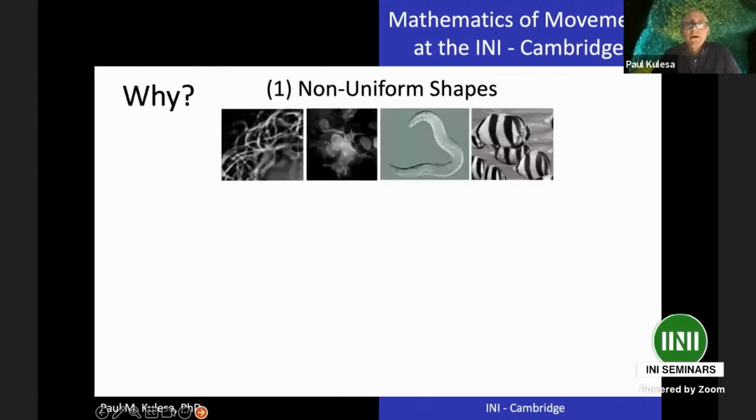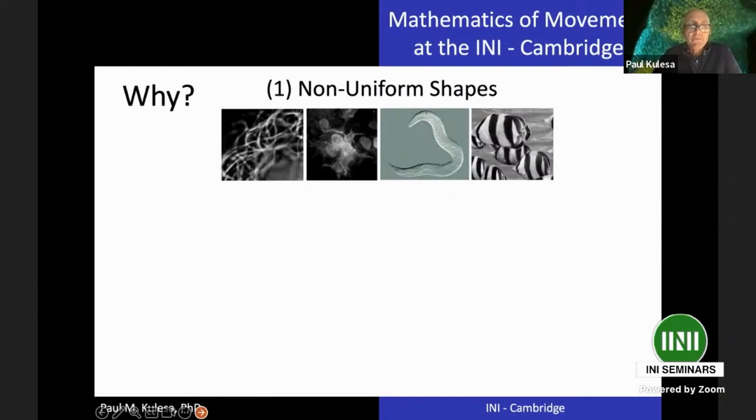But why? What are the challenges that we face? Of course, the first one is non-uniform shapes. On the very far left over here are microtubules. We have cells, worms, fish, all sorts of a variety of things.